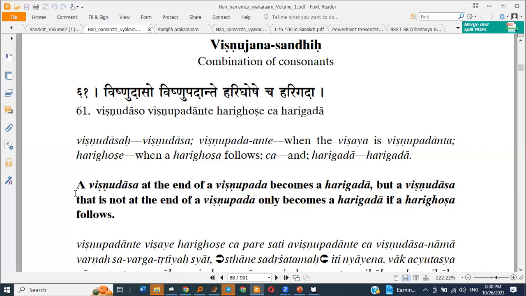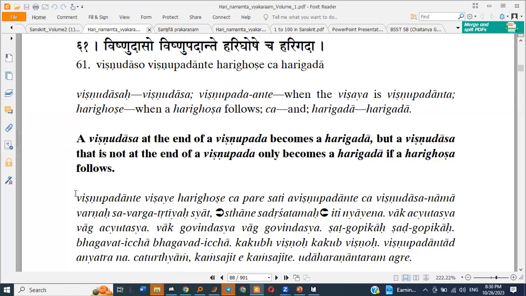There are two parts in this sutra. The second part we will study ahead, not now, because Jiva Goswami himself says that the second part will be spoken of ahead.